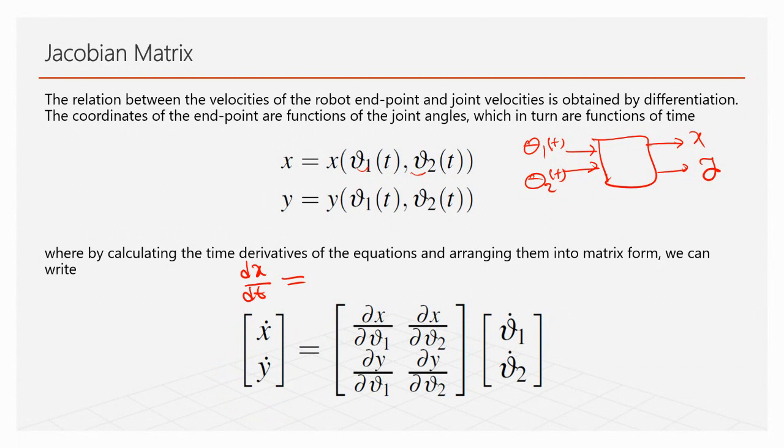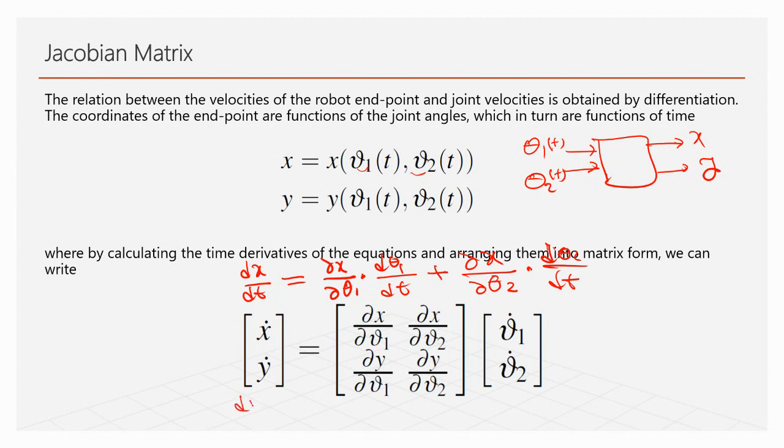So it makes sense, right? So how x changed with time depends on how x changed with theta 1, the partial differential. That's why we write it like that, theta 1. How theta 1 changes with time itself, plus how x changed with theta 2, and how theta 2 itself changed with time. This is for x. For y, same thing.